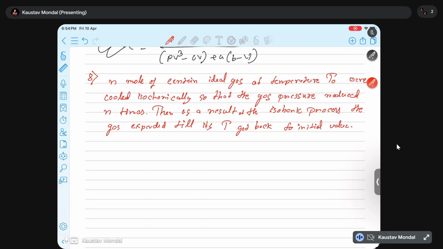Find the total amount of heat absorbed by the gas in the process.